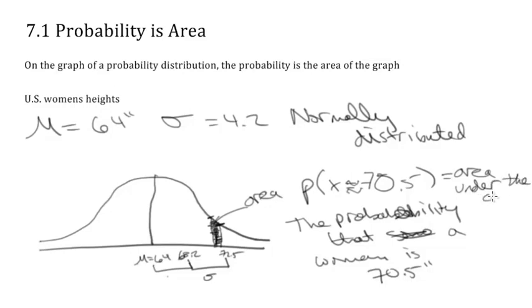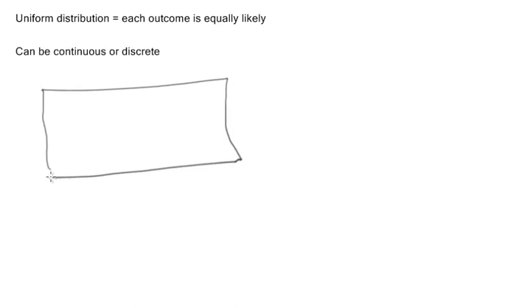So the first thing we're going to do is look at uniform distributions because they're rectangular. And why is that helpful? Well, let me show you. The last time we talked about uniform probability distributions was back when we were talking about the shape of a graph. And we talked about these distributions where all of the frequencies had equal height to each other.